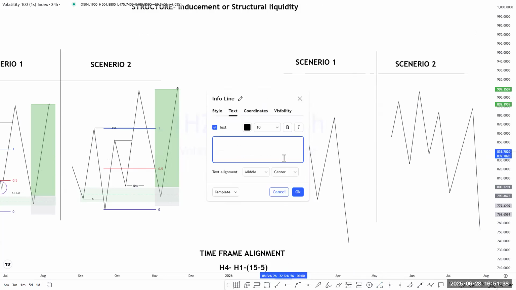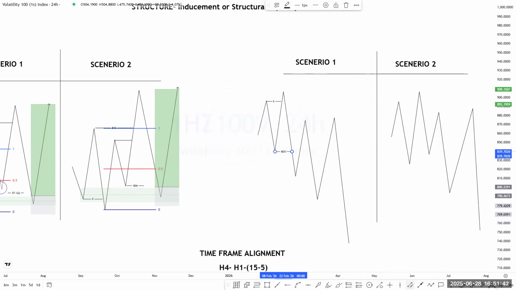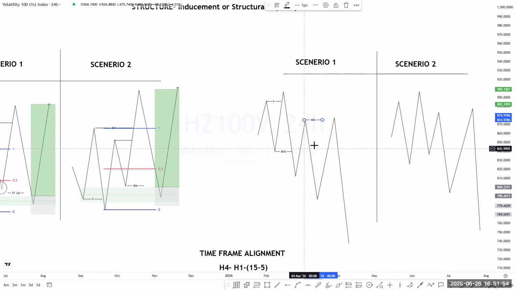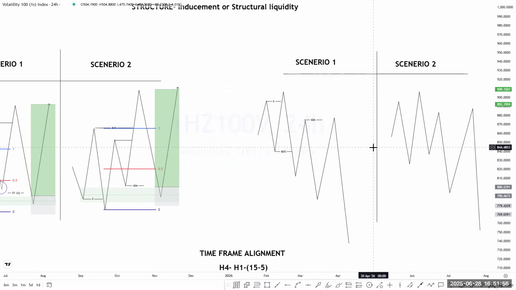And the next thing, you identify the inducement. This becomes our inducement liquidity, IDM. I know this is going to be easy for you to grab based on what I'm going to explain. My goal for everyone is to be profitable and to have less confusion in the market. Then you have your QML.